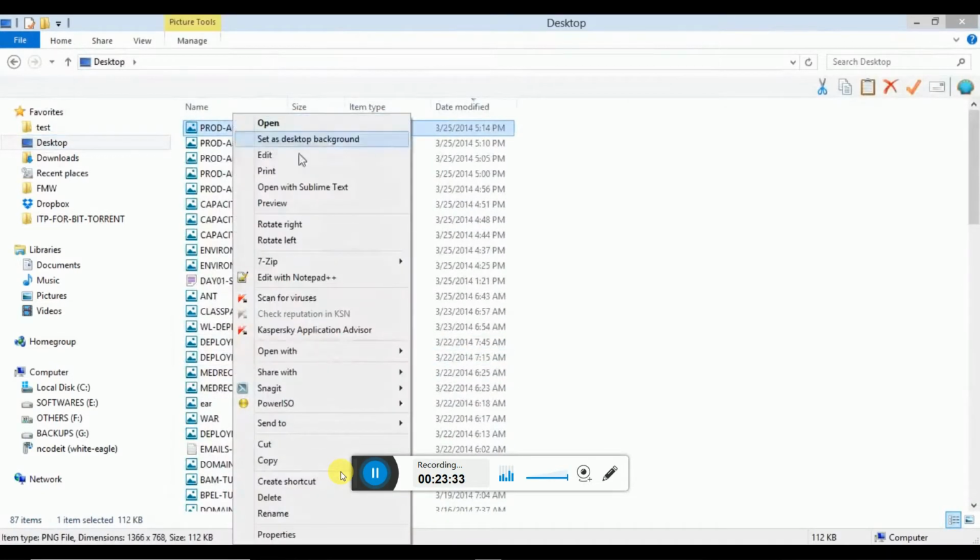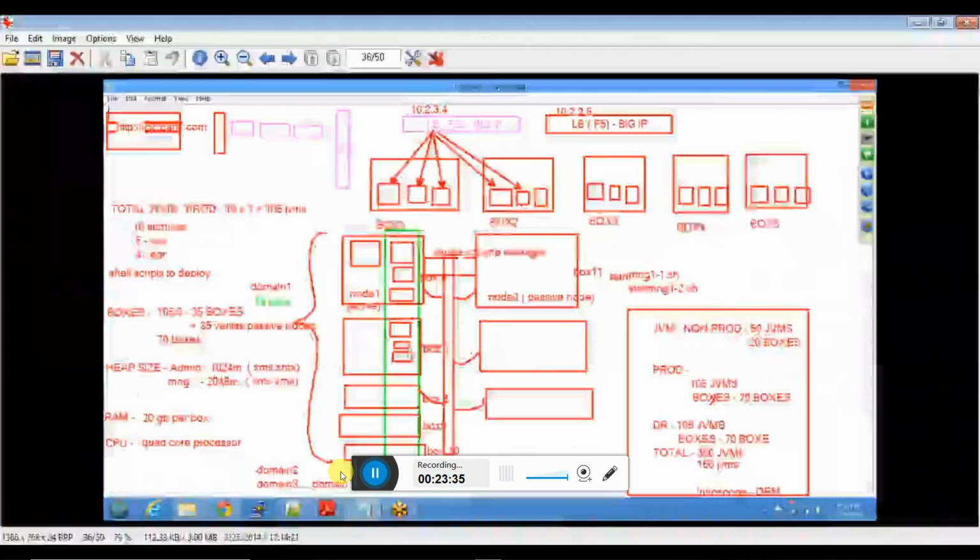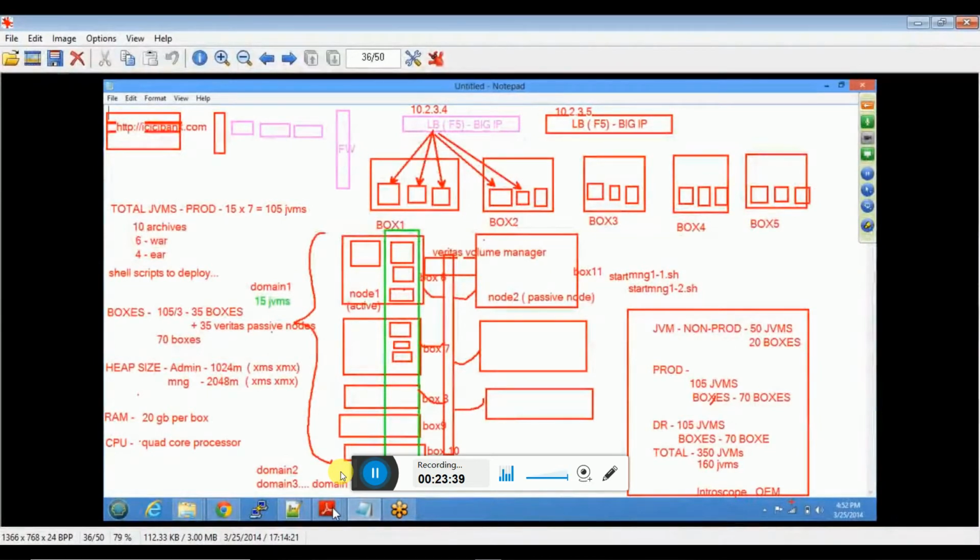Who decided that you will require 105? That is again a simple calculation.